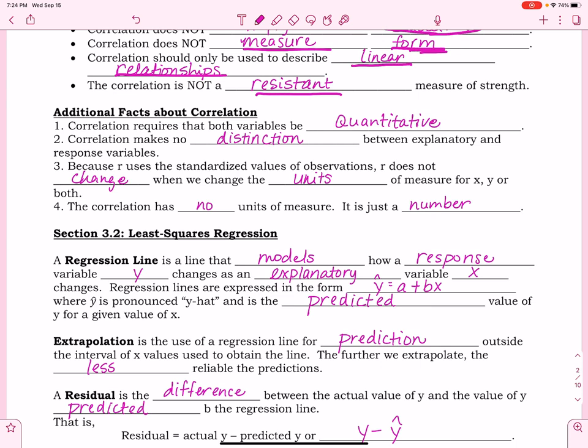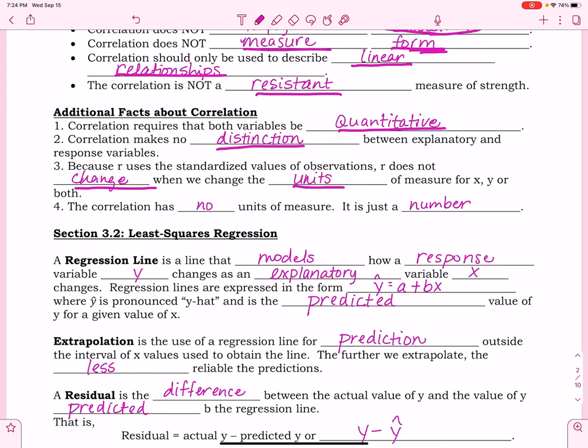And additional facts that we need to talk about. Remember, we're always dealing with two quantitative variables, and correlation makes no distinction between explanatory and response. So it can't tell if you've got the explanatory and response variable labeled correctly. Because r uses standardized values, r does not change when we change the units. So let's say I've got a set of data and I've measured everything in inches, but I want to change it to centimeters.